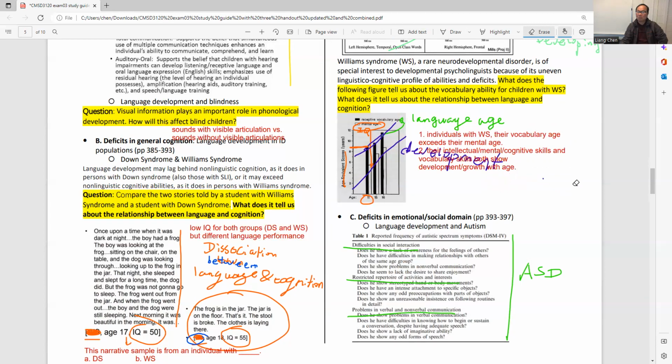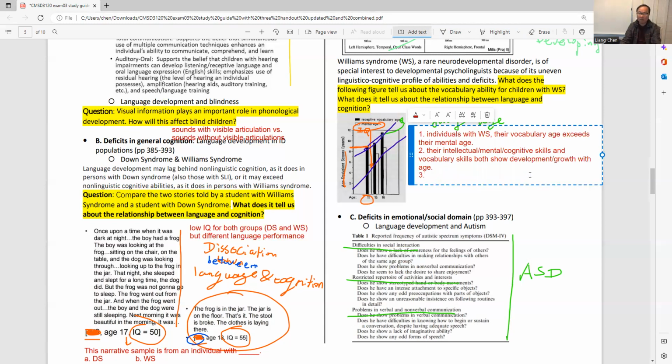Do you see anything else here? Another thing we can find is that if you compare the vocabulary skills of these 11, 15, 16-year-old children with typically developing children, the vocabulary skills lag behind.